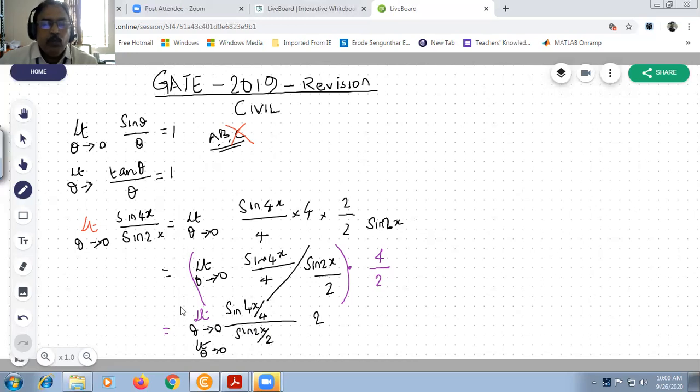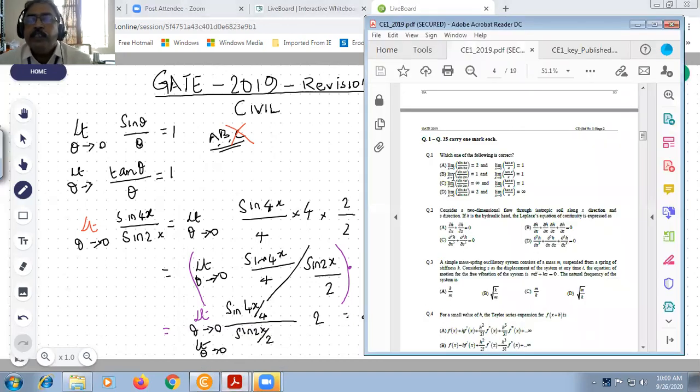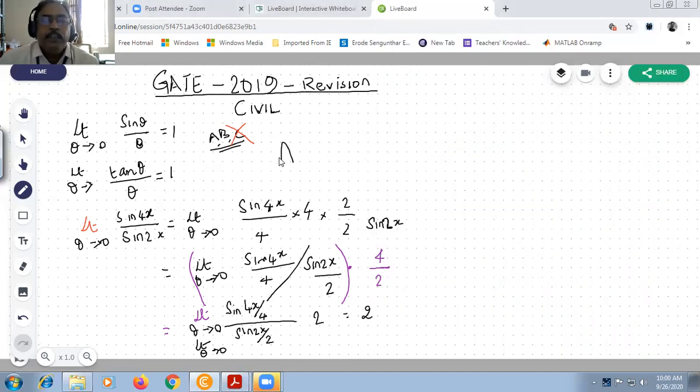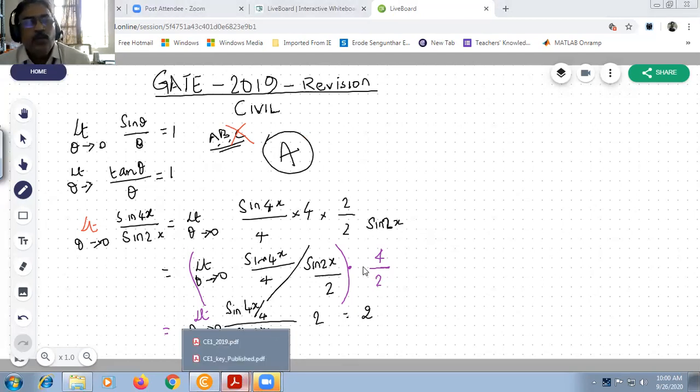So this becomes 1, which is equal to 2. So what is the answer? The answer is A. This is how you have to see.